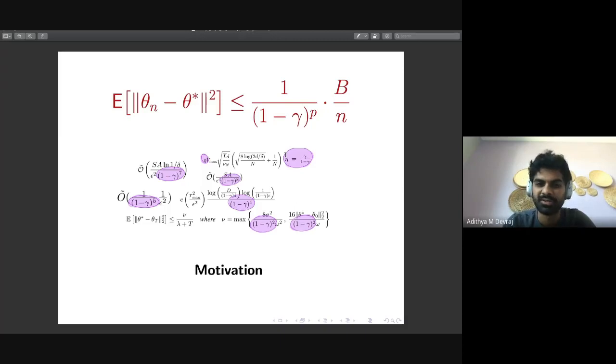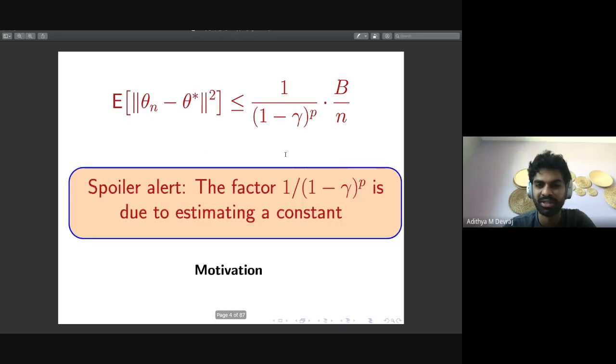And he's been telling this to me almost since I started my PhD with him. And finally, after I finished my thesis, we recently got time to look at this issue. And spoiler alert, it turns out that this factor over here is due to estimating a constant that you ultimately may not ever care about.